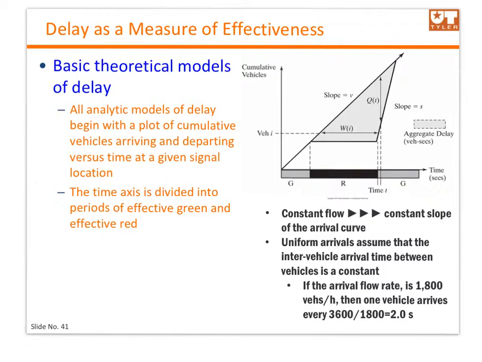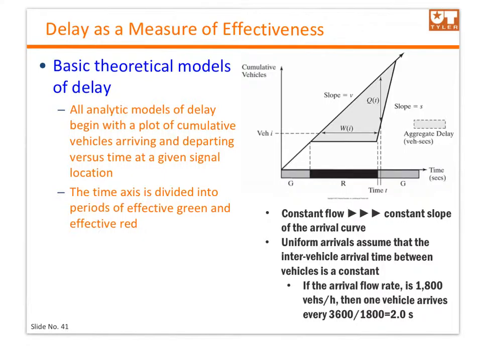The time is divided into periods of effective green and effective red. As you can see here, we have a green time, a red time, and then another green time. And as I said before, we're interested in the slope, which is the flow.